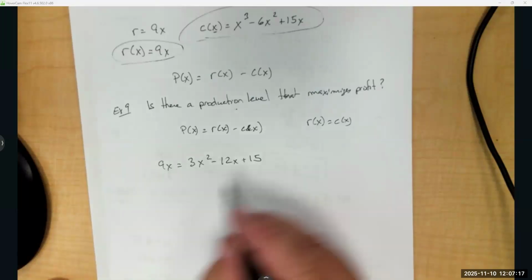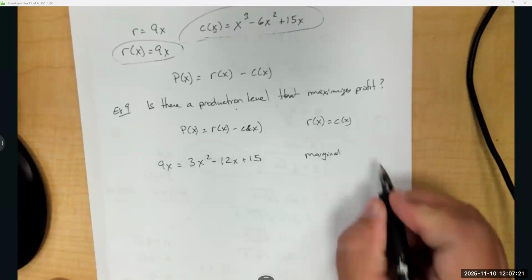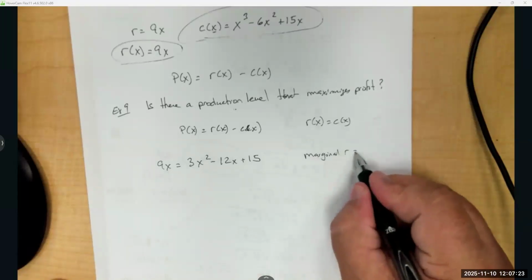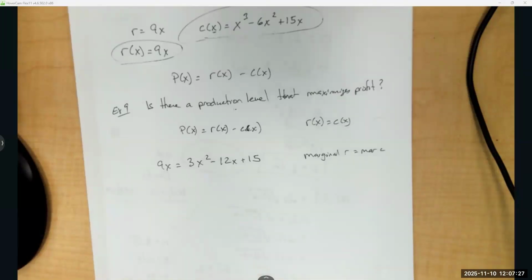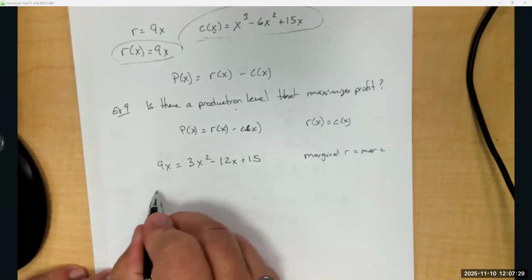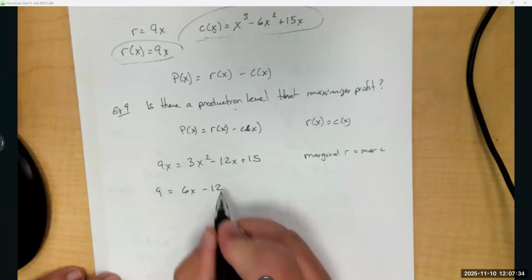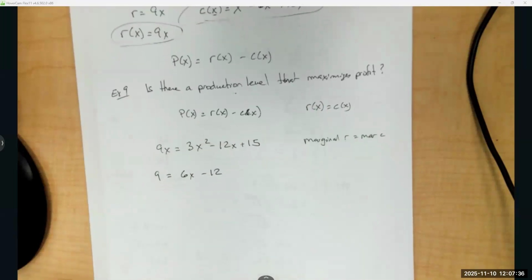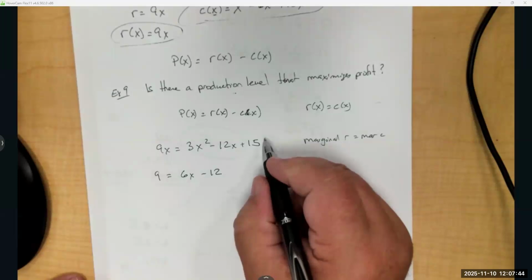Take the derivative of these, because now we're looking for the marginal revenue equals the marginal cost. The derivative of 9x. Yes. Then 6x minus 12. Oh, I did the wrong one.